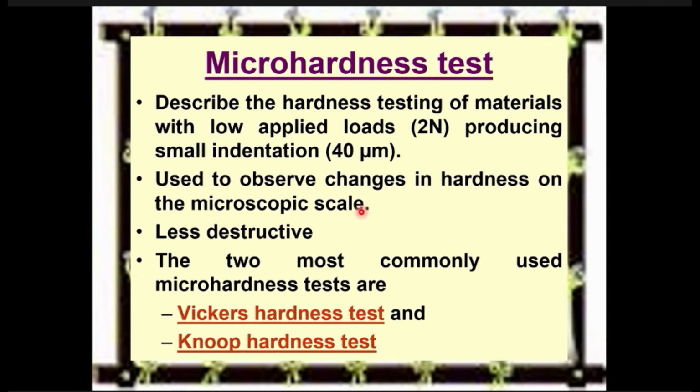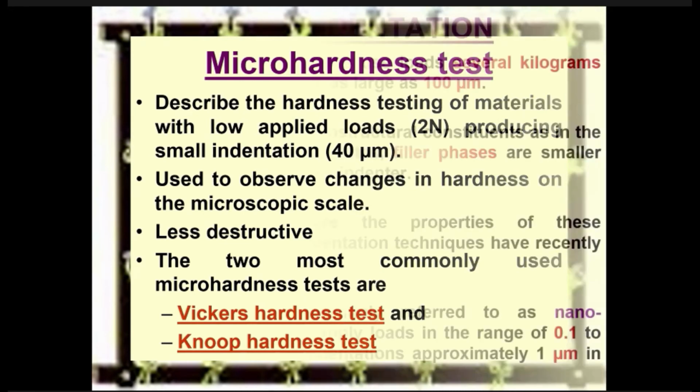In that case, we can use low force, up to 2 Newton, and the indentation will be small because the force is low. The latest equipment is produced with software that automatically magnifies the indent shape and size and calculates the area and hardness for us. So this is not difficult.